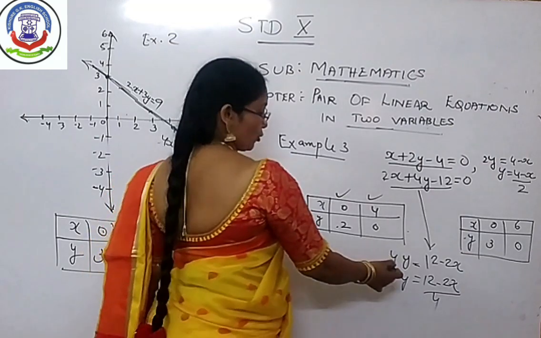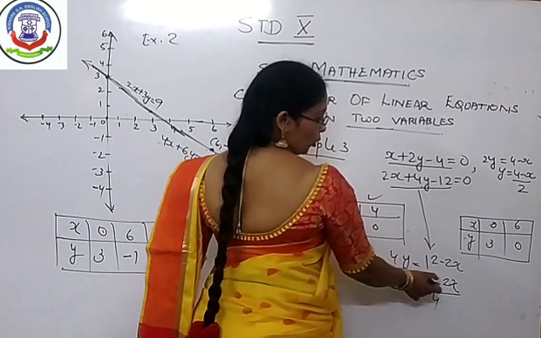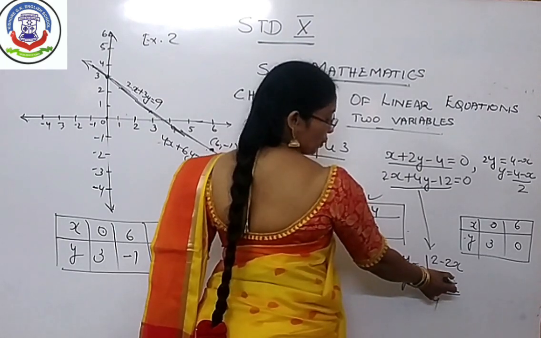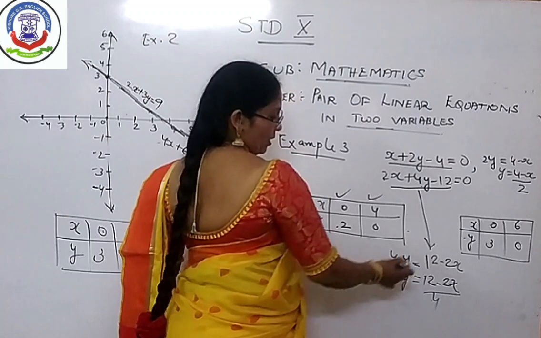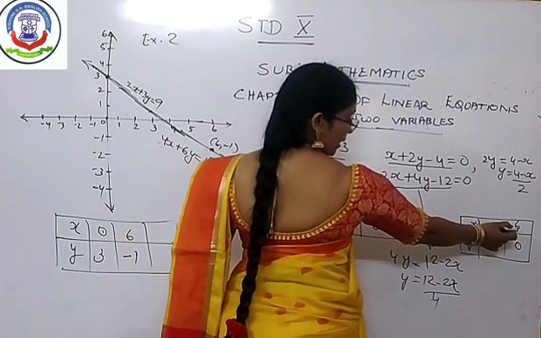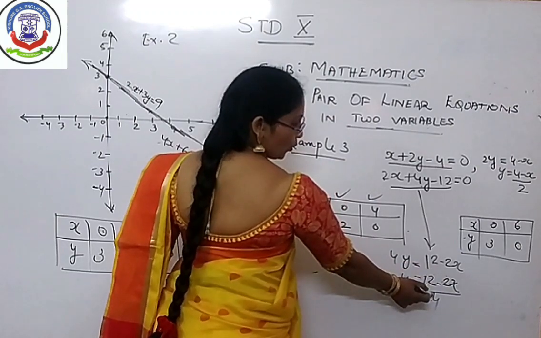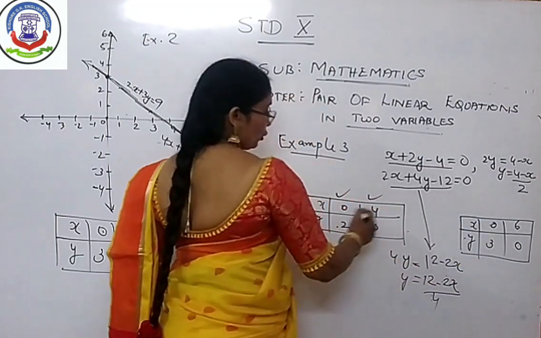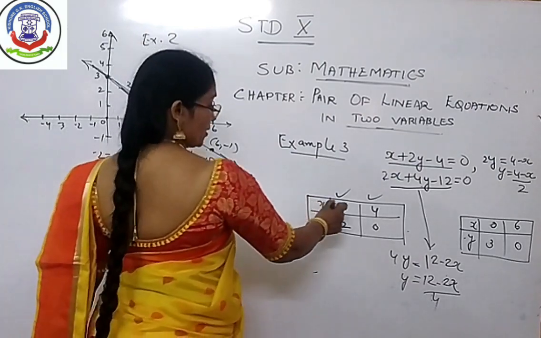Now let us take 2 points over here. Here also I take x as 0, so 2 into 0 is 0, and 12 upon 4 is 3. Again I put x as 6, then 2 sixes are 12, 12 minus 12 is 0, and 0 upon 4 is 0. So you got the two coordinates, 2 points from here.